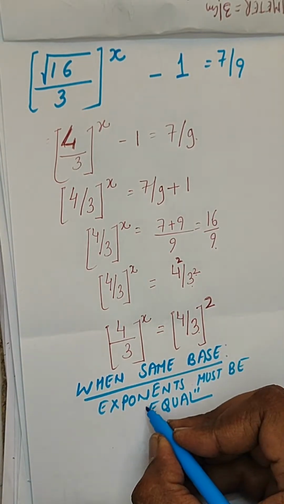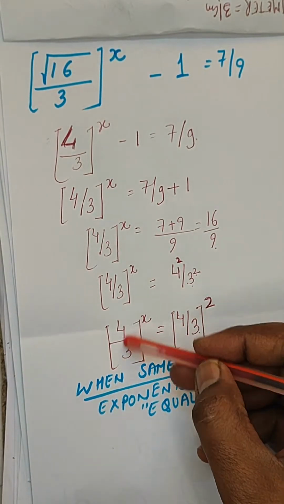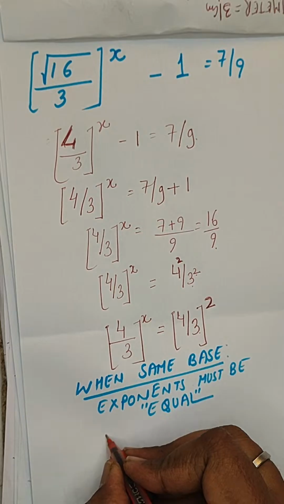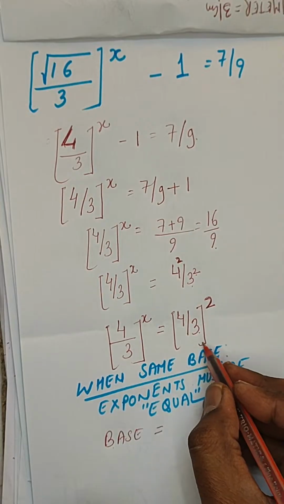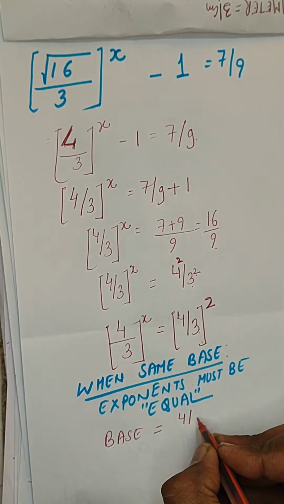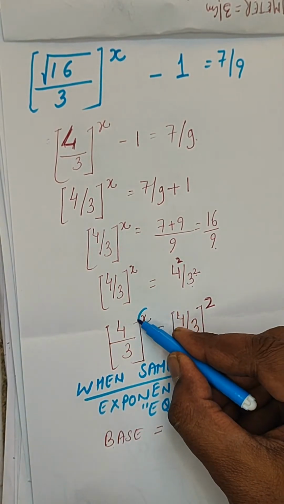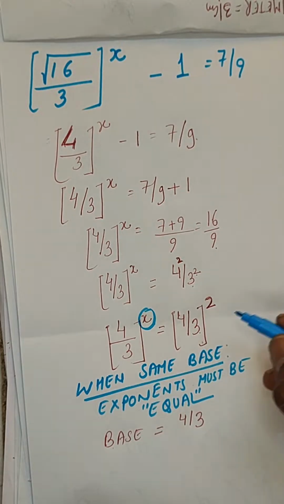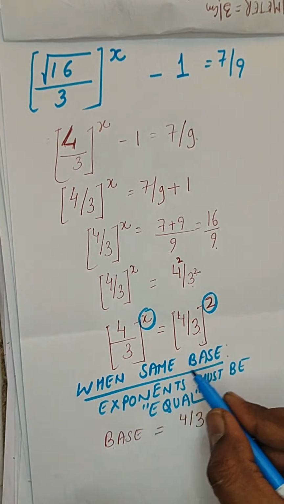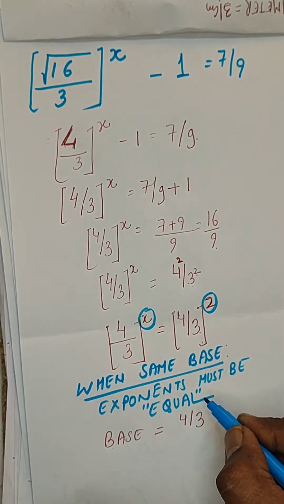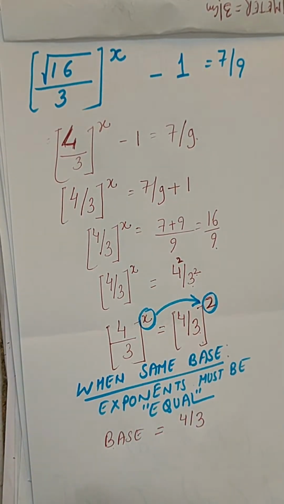This shows that 4/3 is the base over here, on the LHS and RHS. So when you compare, the exponent on the LHS is x and the exponent on the same base on the RHS is 2. So when the bases are the same, exponents must be equal. We just equate and get the value of x as equal to 2.